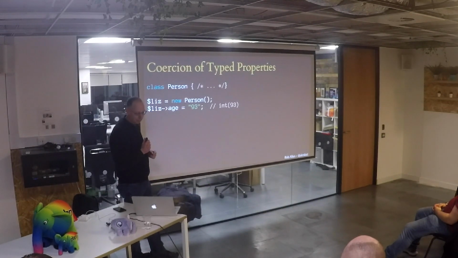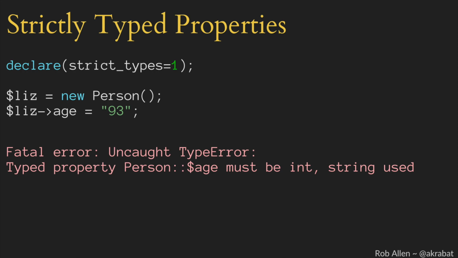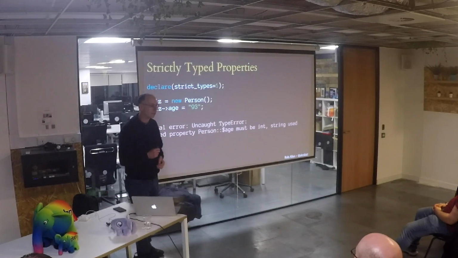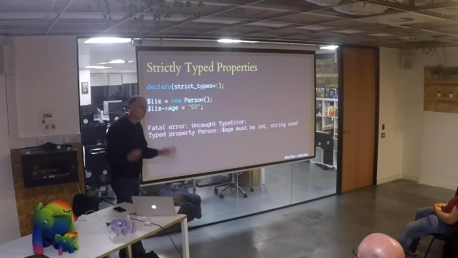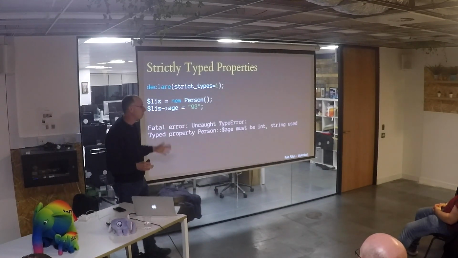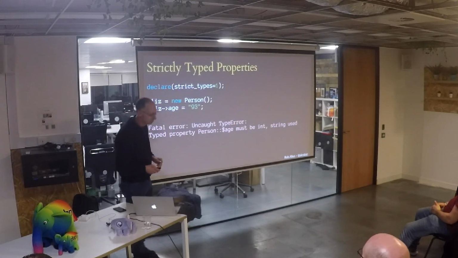If you don't want that to happen, guess what? Consistency. Set your declare strict types. Now you'll get your fatal error. So this works exactly the same way and is awesome. I love this feature. I will probably get PHP 7.4 into production sooner rather than later, just so that I can start using this.